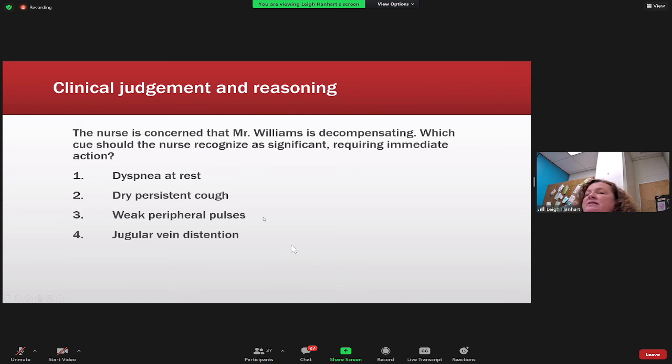Weak peripheral pulses, look, as long as it's there, right? That's just like when you say, but did you die, right? As long as it's there. We worry when there's no peripheral pulse. And JVD is something that's there. We're not going to really do anything until they get diuresed. So we're always concerned: airway, breathing, circulation.